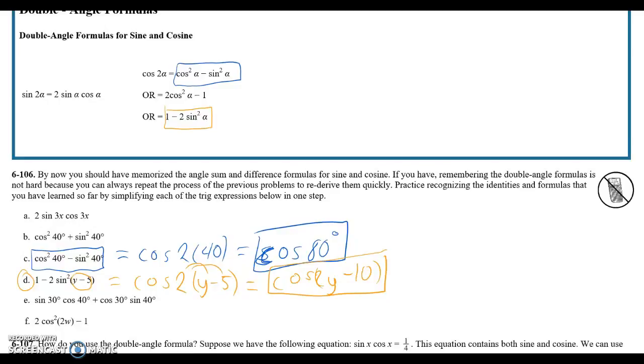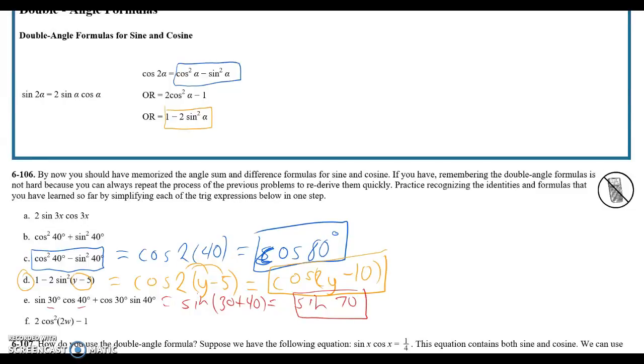Okay. Moving on to E. We've got sine, cosine, cosine, sine. That's a sine shuffle. I know that it's sine of alpha plus beta. Alpha is 30, beta is 40. So 30 plus 40. We've got sine of 70.